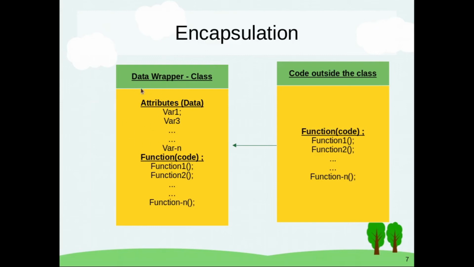Here we have a class that has some attributes and functions, and this is the outside code. This class doesn't allow the outside code to access this data. So this class is a wrapper for this data, and this is the basic theme of encapsulation. I think it will be clear for now.